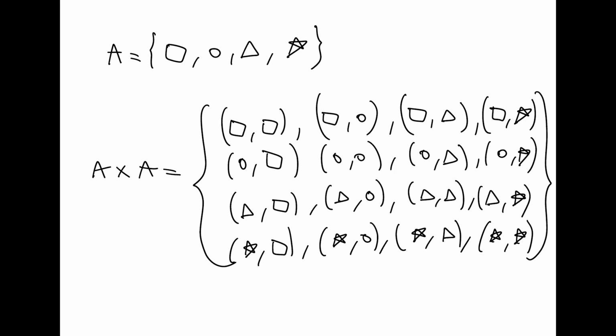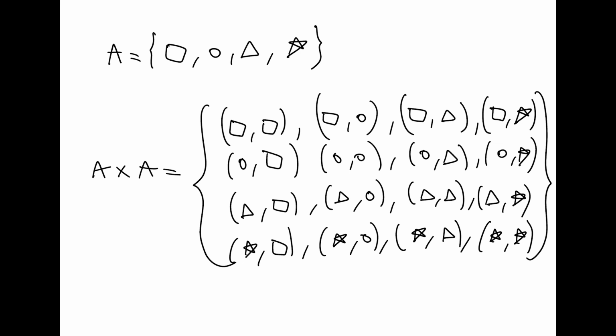If I choose square and circle, this is not the same choice as choosing a circle and then a square. That's why when we write down the elements of the Cartesian product set, we write them as a pair, in parentheses, with a comma between. This indicates that we care about the order.